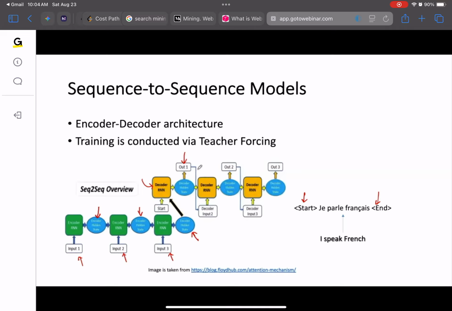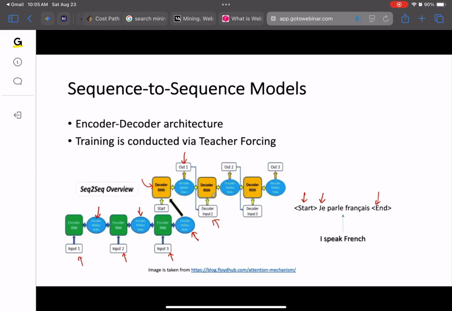Now, once we generate the first output word, we pass on that output word as an input to the next step. We pass on the vector representation of the actual output, like let's say, for example, this word is J, the first one. Through our word embeddings, we have a representation for J. So the vector representation for J is what is passed here.